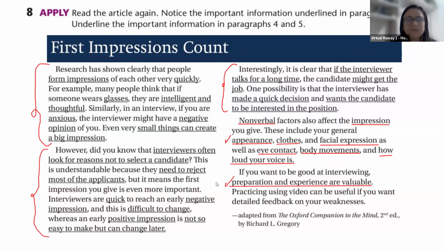In paragraph number 5, it's correct. That part is important. Is there other option in paragraph 5? Yes, technical skills. Claro que no, ahí dice preparation and experience.